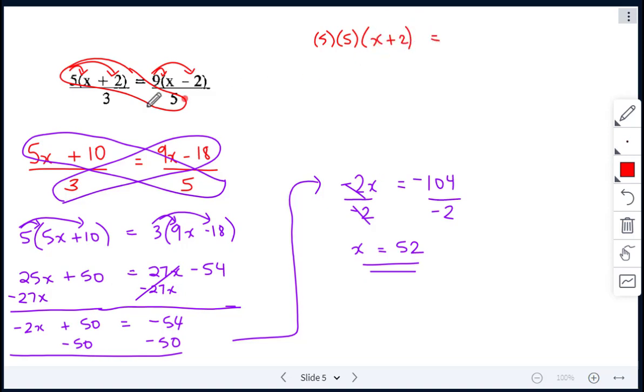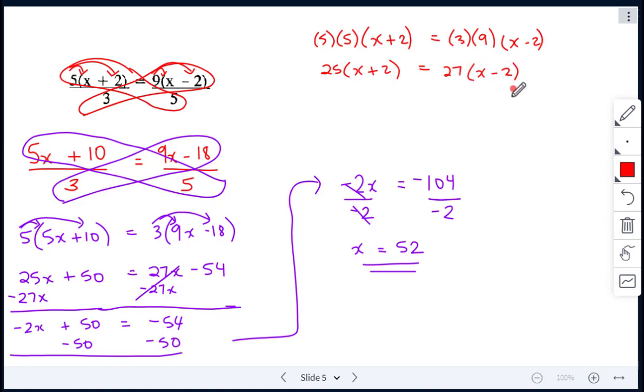And then on this side, it would become the 3 times the 9 times the x minus 2. All right, and then it would become 25 times x plus 2. And on this side, 3 times 9, that's 27 times x minus 2.